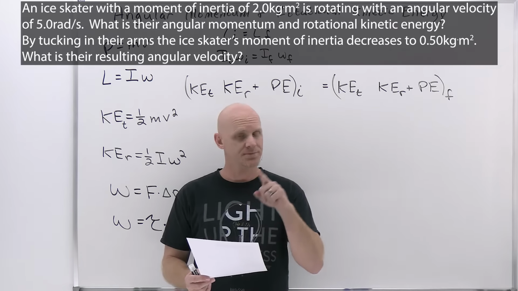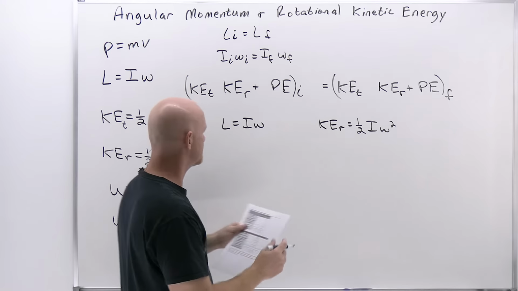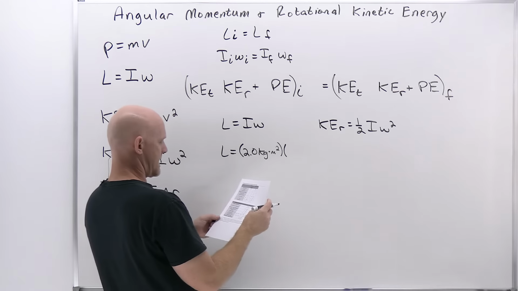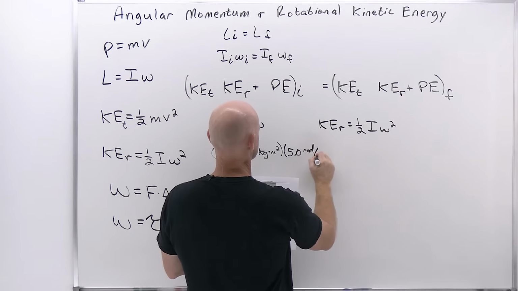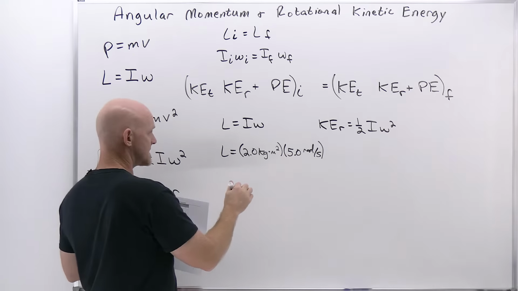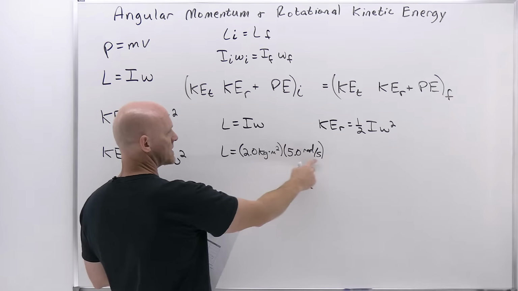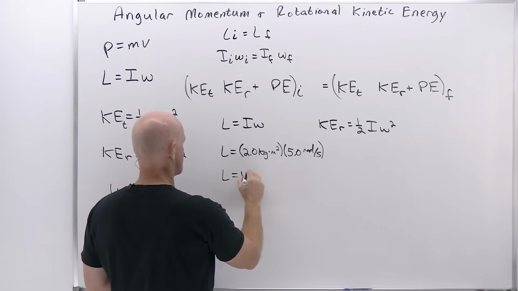And from here, it's plug and chug. We're given both the moment of inertia and that angular velocity, which we can plug into both of these. So in this case, moment of inertia, again, 2.0 kilogram meter squared, angular velocity, 5.0 radians per second. If you recall, the radian is kind of like the unitless unit, and so your units are going to be kilogram meter squared per second for angular momentum, and 2 times 5 is obviously 10.